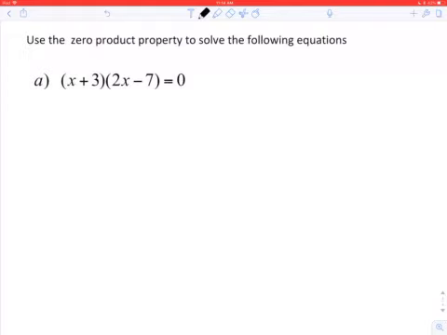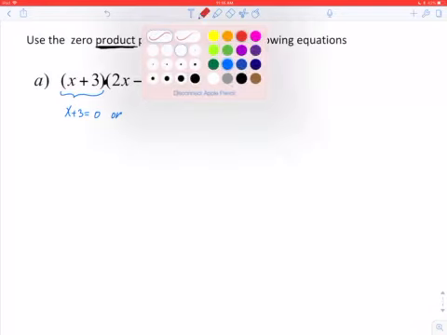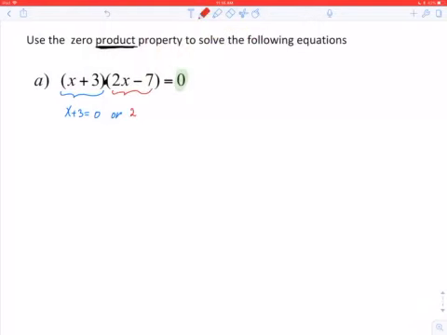Now the next problem, I have parentheses x plus 3 times 2x minus 7 equals 0. In this problem, I already have a multiplication, so I have a product equal to 0. 0 on one side and multiplication on the left side. So then we can use our zero product property and say that the first factor, x plus 3, can be 0, or the second factor, 2x minus 7 equals 0.